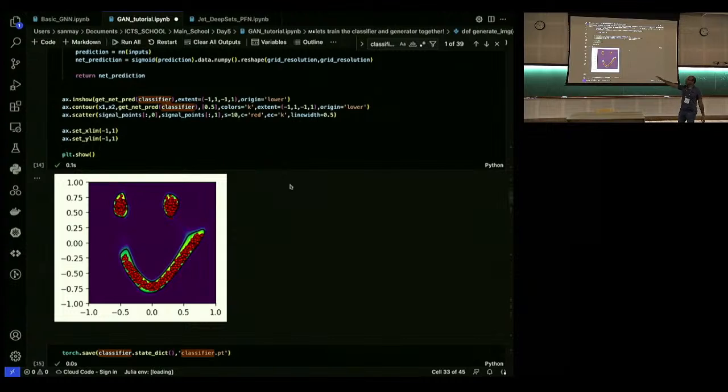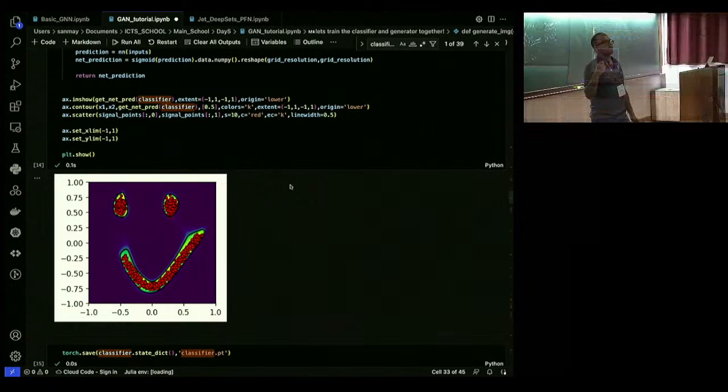So this plot tells you that the classifier is now trained so that if the data points are lying in a region where I want my data points to be, it will identify them with a probability greater than 0.5.